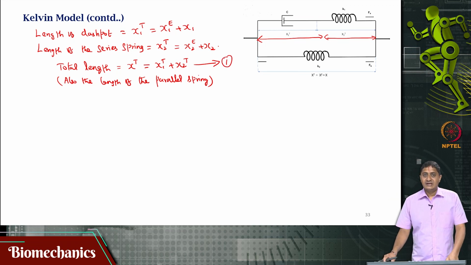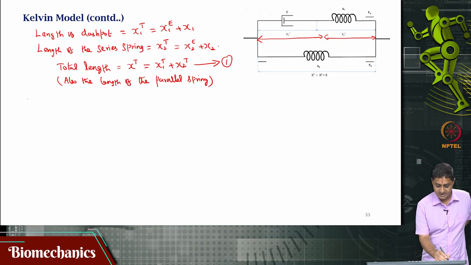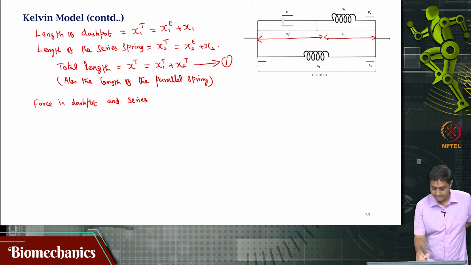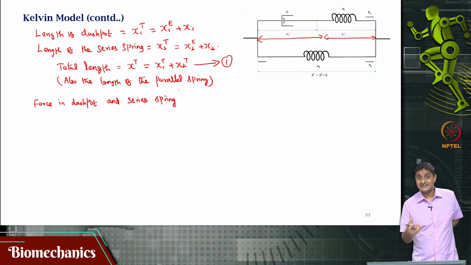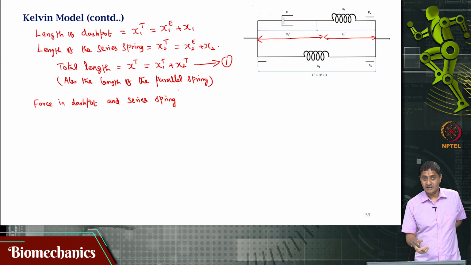Now, what is the force in the dashpot and the series spring? I am going to call that force Fa, the force in the dashpot and series spring. This force is the same in both the dashpot and the series spring.